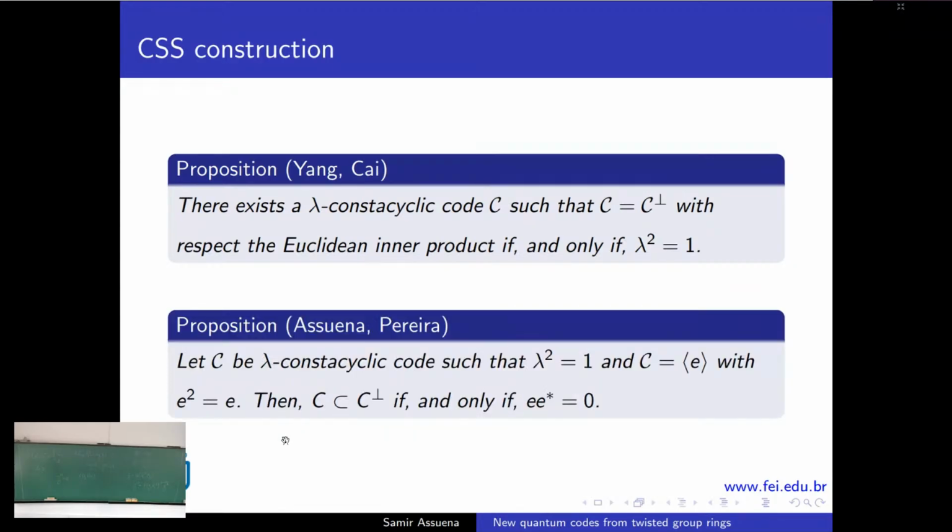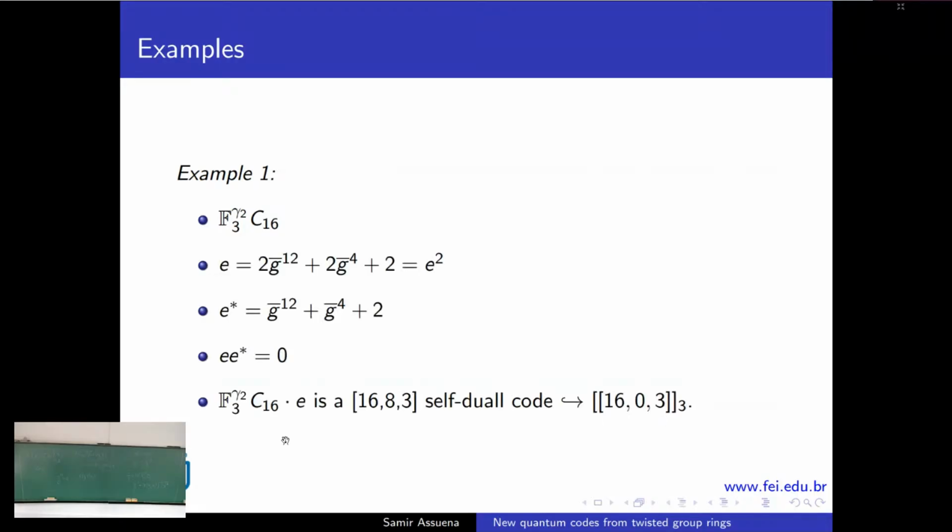If we have an idempotent E, and we apply this element, the involution, and if this product is equal to 0, we can prove the code contains its dual. We can obtain other quantum codes with this condition. Let me show you just this example, where the length has to be odd.